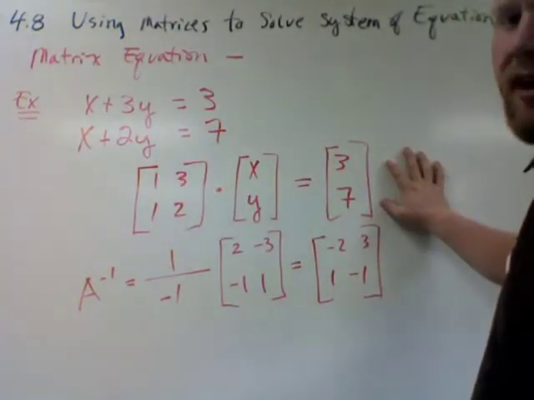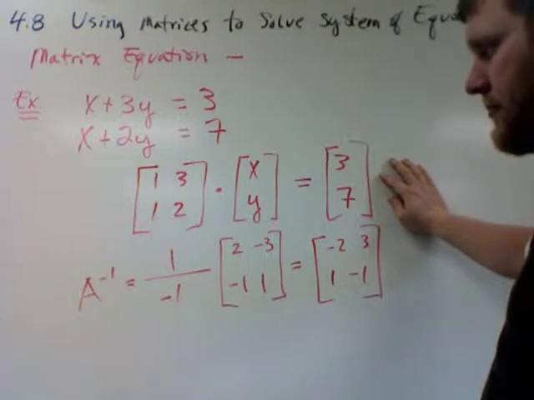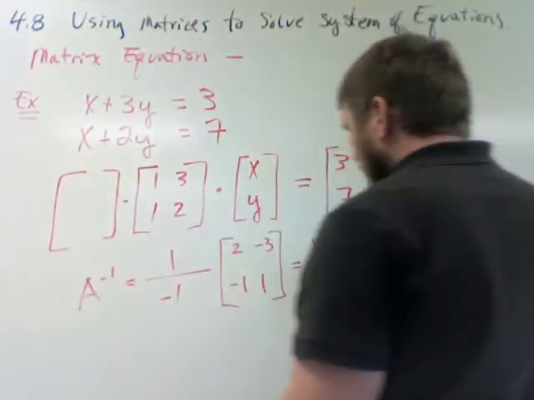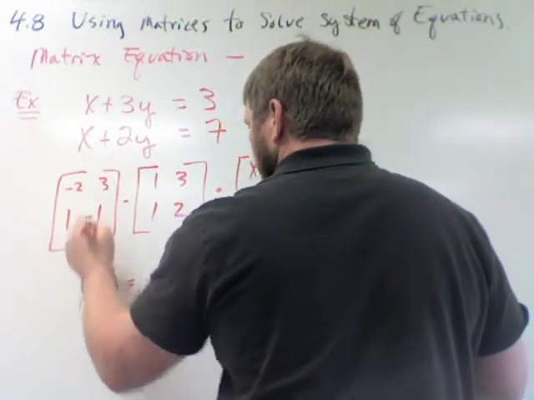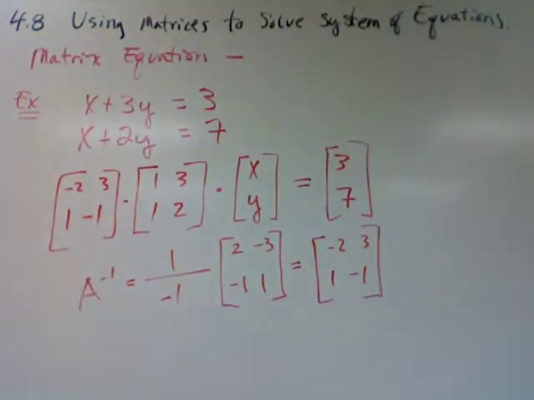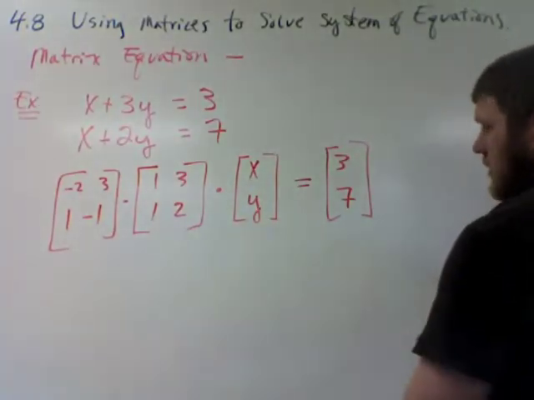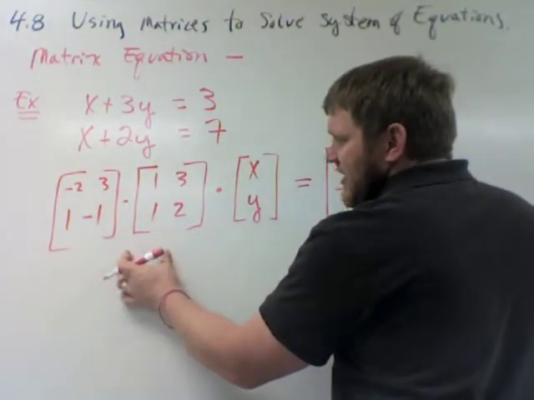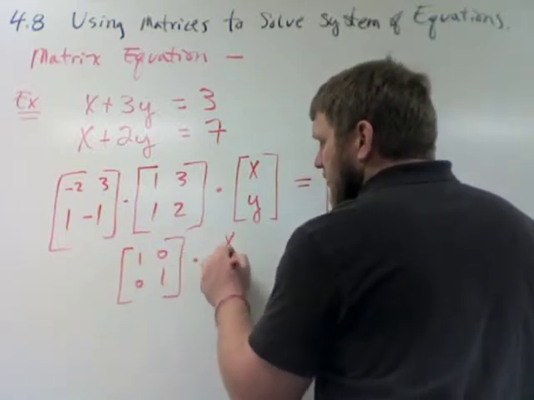Now I need to take this matrix times both sides, and the order I multiply on the other side is going to be important. But what happens when I take this matrix times the inverse? I get the identity matrix, from a previous lesson, times x, y.